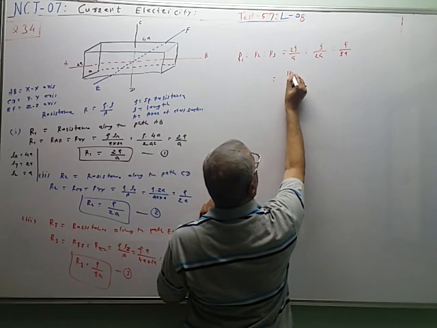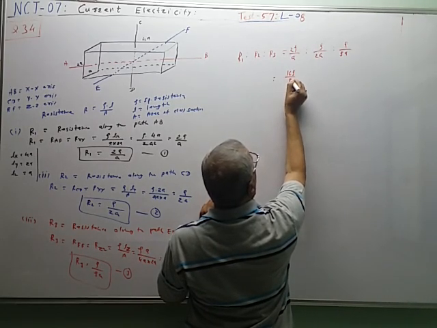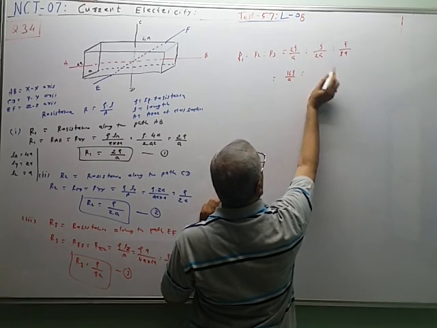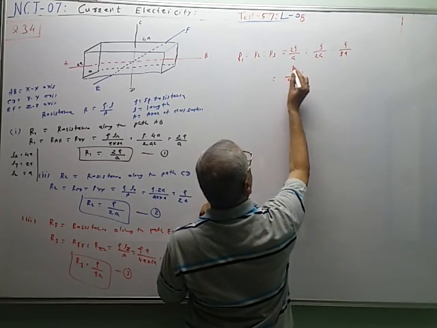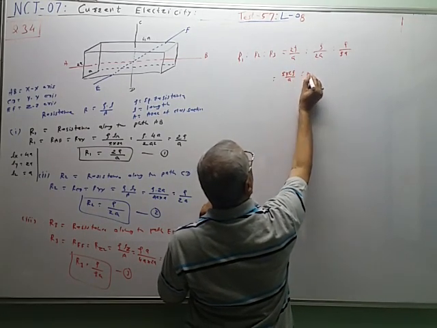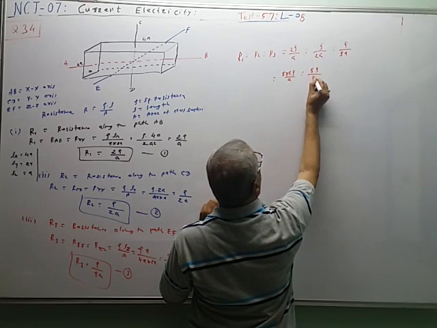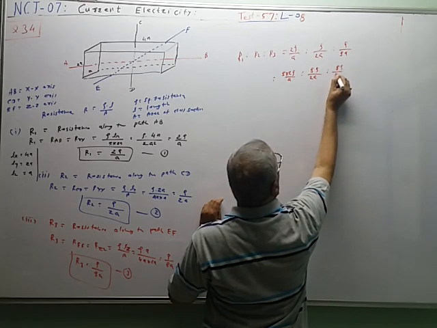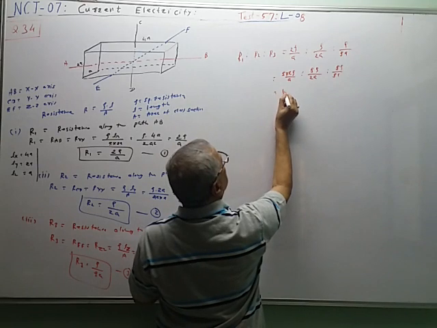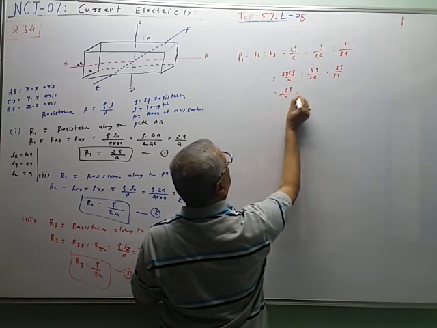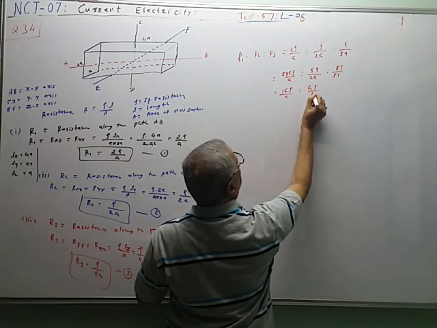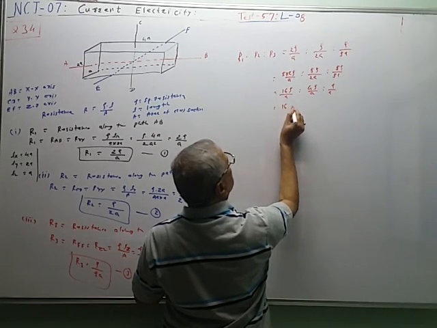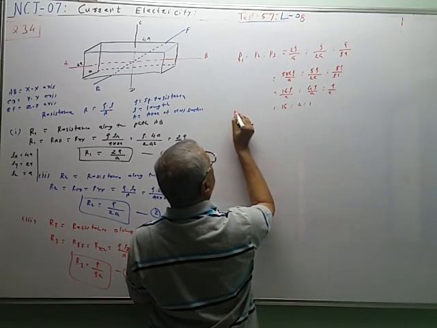We are multiplying each by 8: 8 multiplied by 2 rho upon a, 8 multiplied by rho upon 2a, 8 multiplied by rho upon 8a. So this is equal to 16 rho upon a : 4 rho upon a : rho upon a. So this is equal to 16 : 4 : 1.